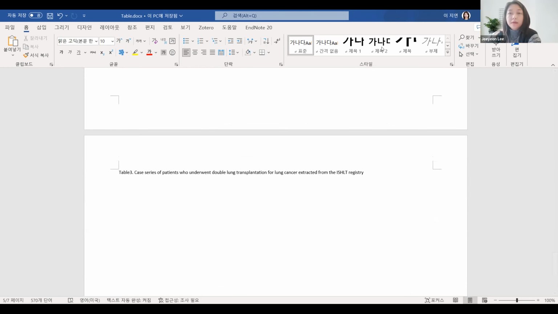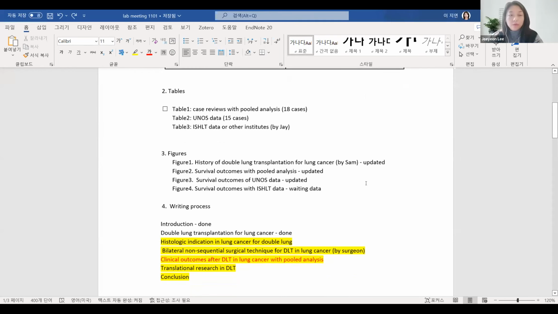And we are still writing the international registry. So I'm gonna go back to my figures. I want to show the figures right now.